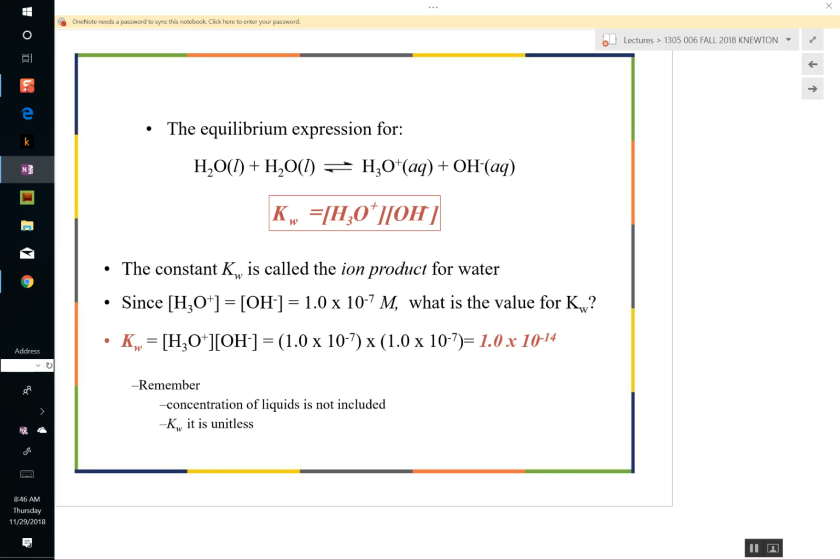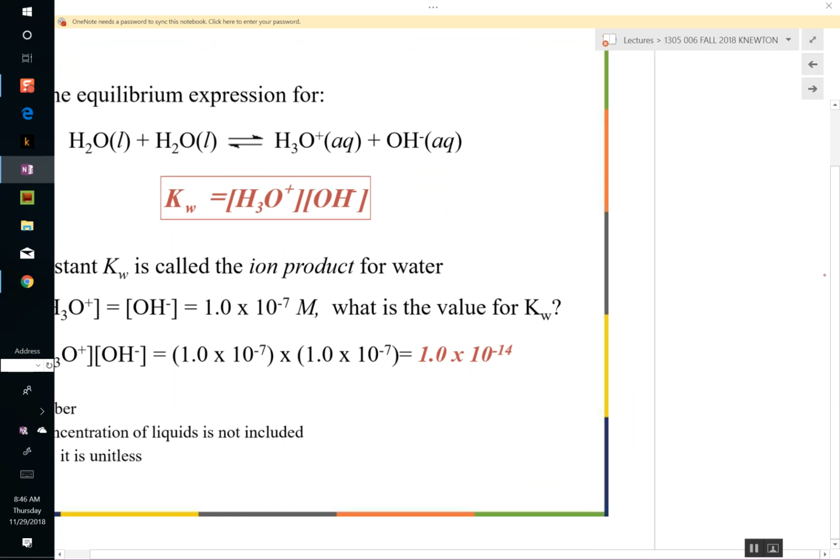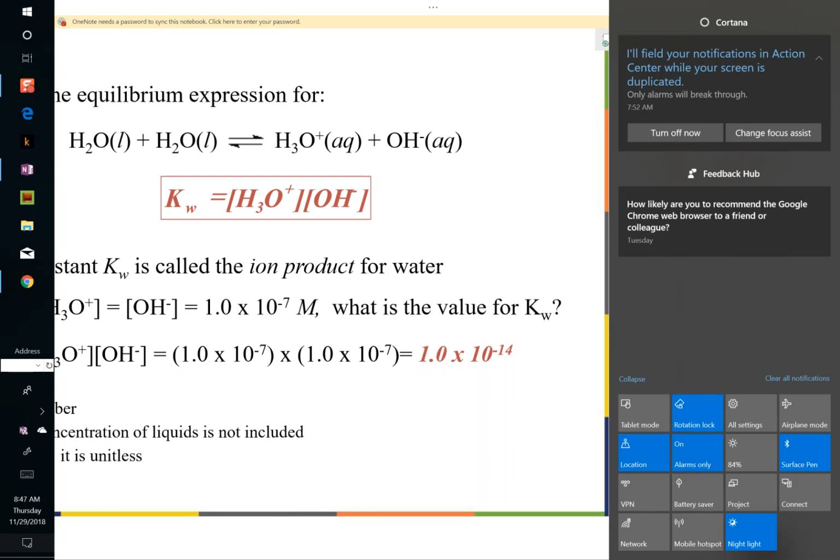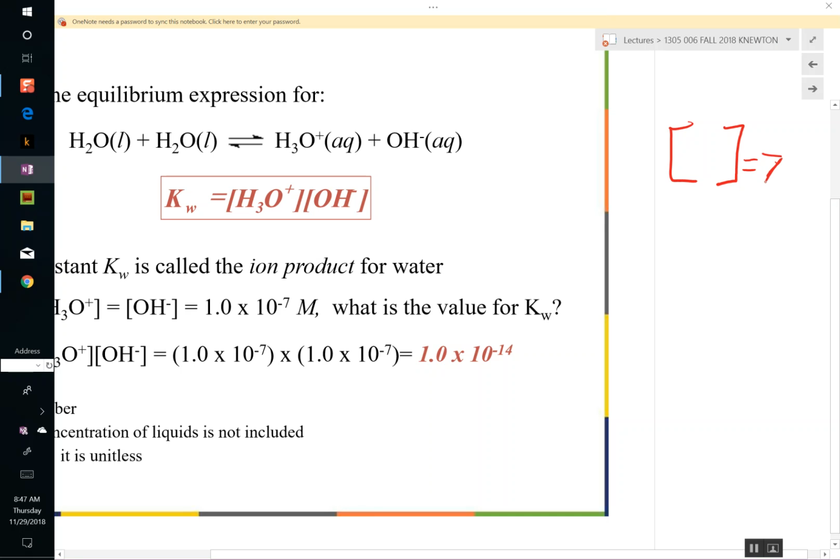And it's simply the product of these brackets right here. Where'd that come from? These brackets right here correspond to molarity. All right, so think molar concentration, molarity.